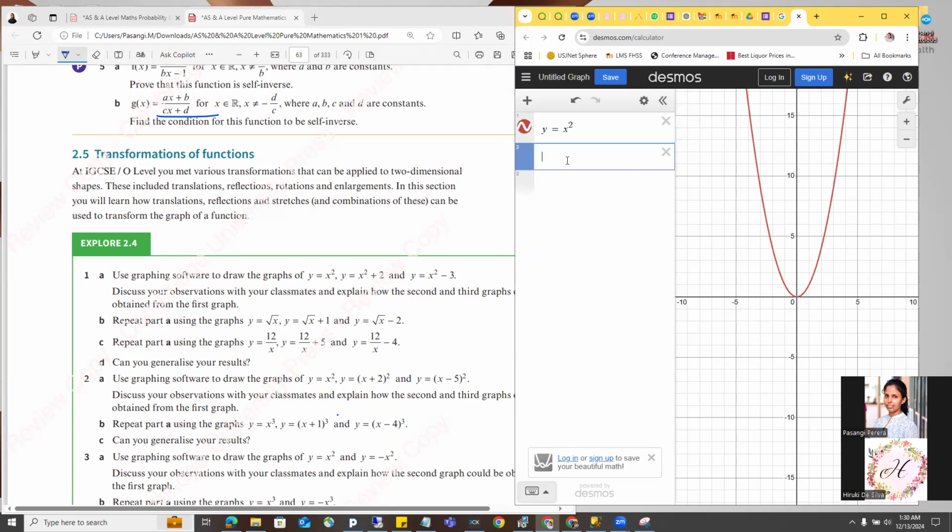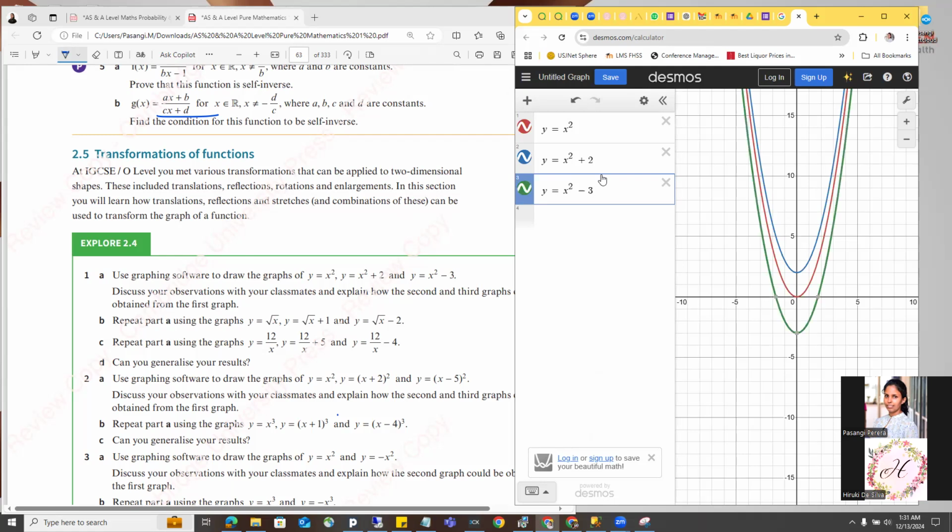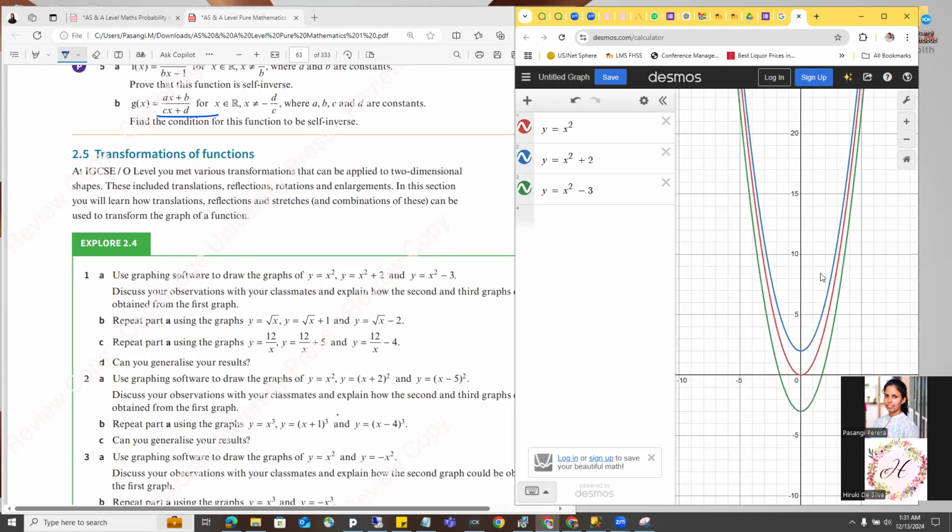The second option is y equals x squared plus 2, which we already drew. The next one is y equals x squared, and I'll put it as minus 3. Those are the three graphs. Anyway, it will look like this.